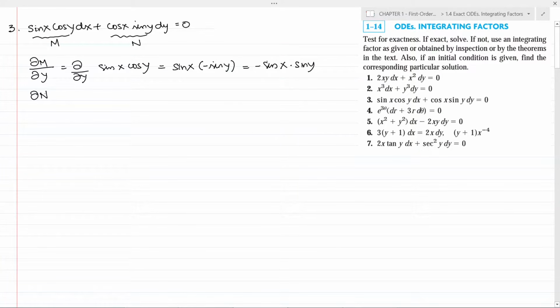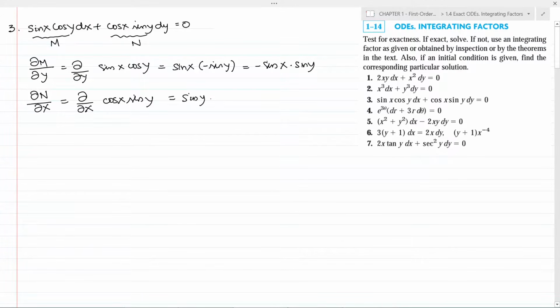Similarly, we calculate del N by del x, which is equal to del by del x of cos x sin y. Y is a constant, so sin y is also a constant.